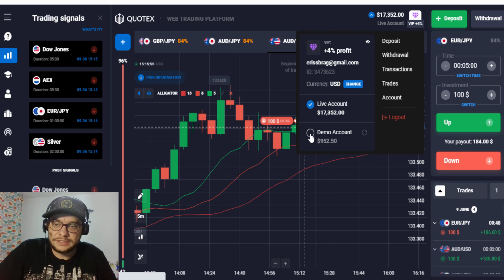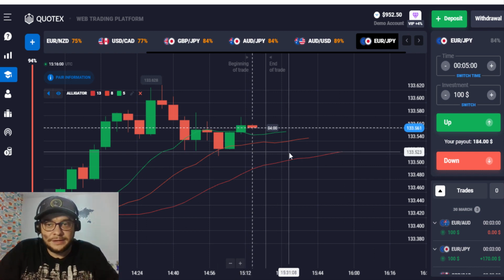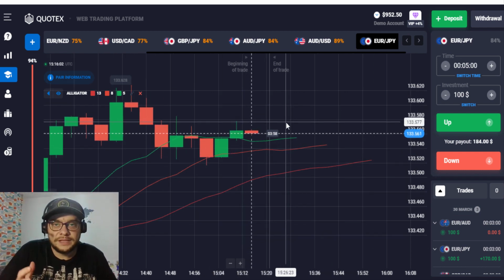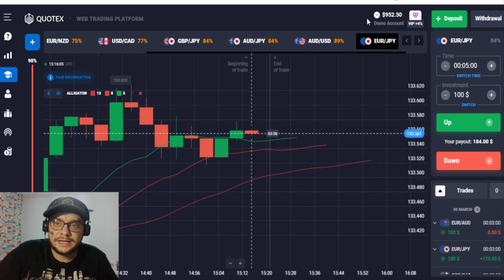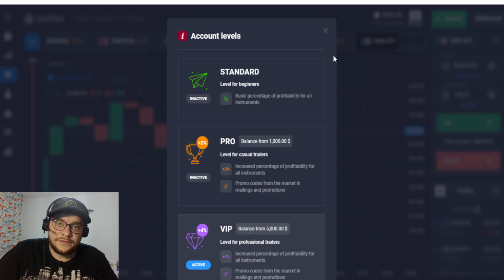See, because it's the same market condition, and then when you are confident, you can go on and start with a real money account. Another thing, they have three account levels here on Quotex. It is standard, pro and VIP. Standard is from 0 to $1,000.